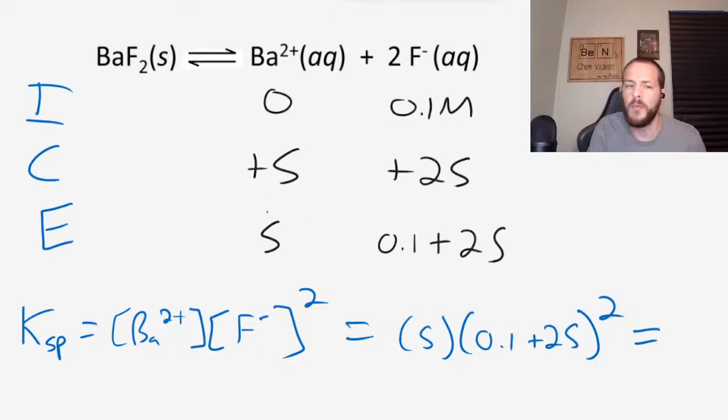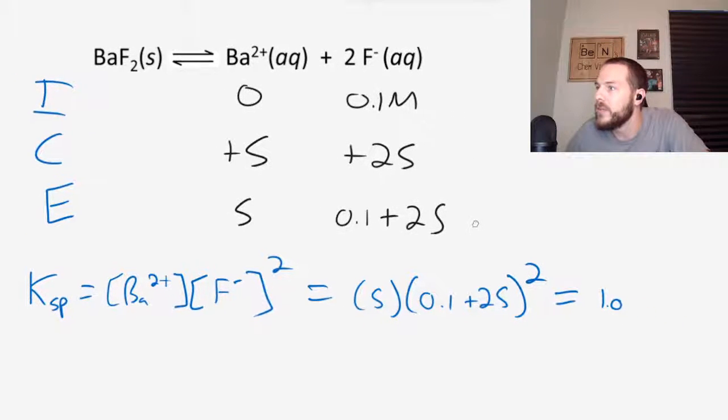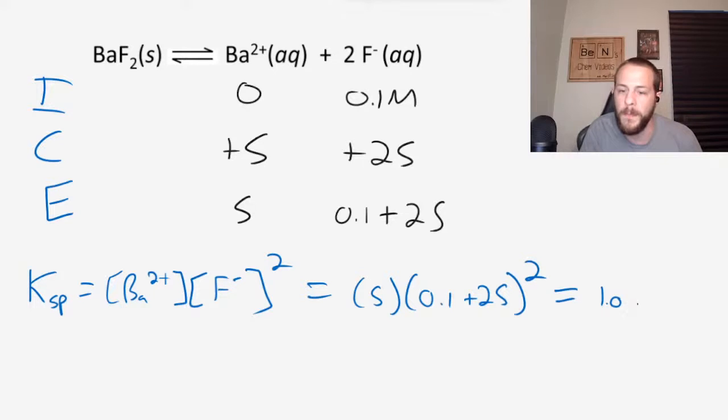And earlier, I think we said that the value of Ksp, according to our table of Ksps, is 1.0 times 10 to the minus 6. I'm running off the page, so I'm going to drag this over, give myself some more room. 1.0 times 10 to the minus 6 is equal to all of this here.